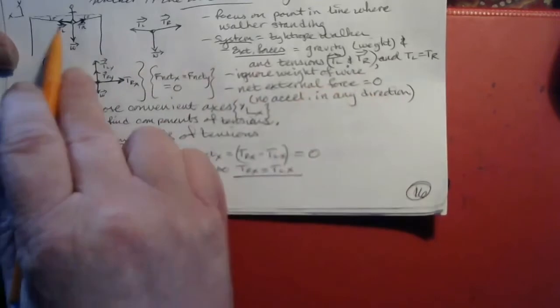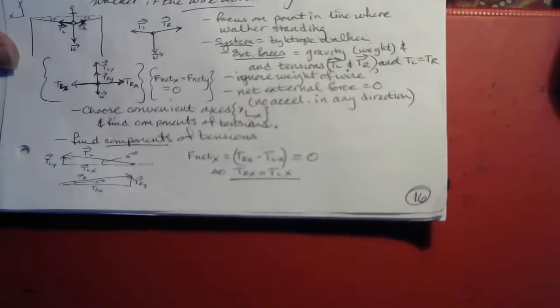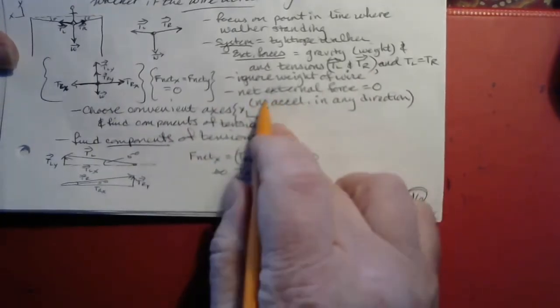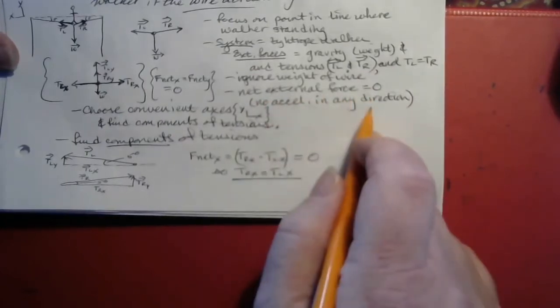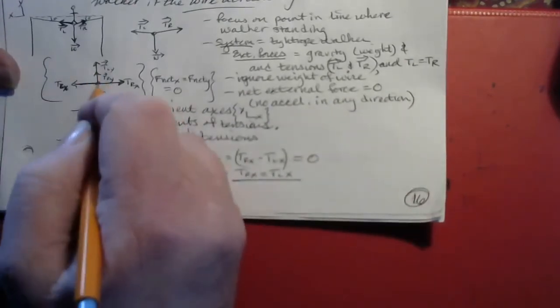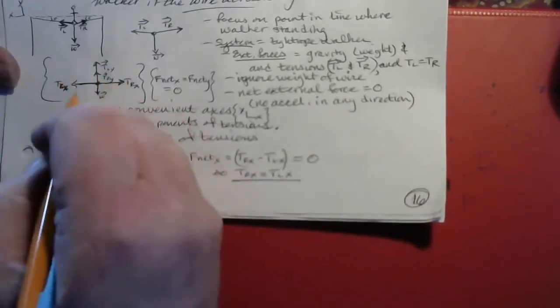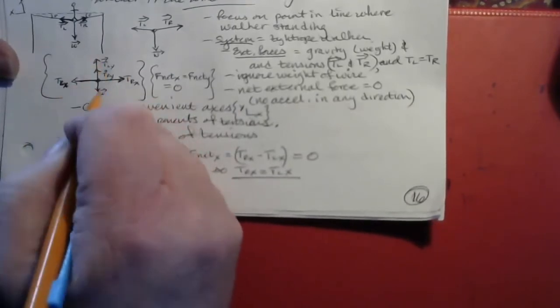And since the tightrope walker is just standing there on the wire out in the middle, kind of showing off, we can assume that there's no net external force because there's no acceleration in any direction. A free body diagram of the situation would look something like this, where you can make things conform to the X and Y axes.